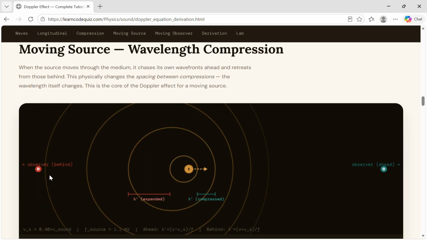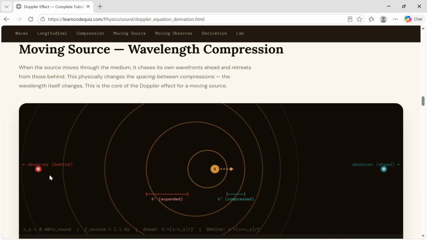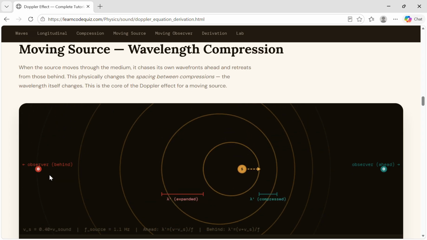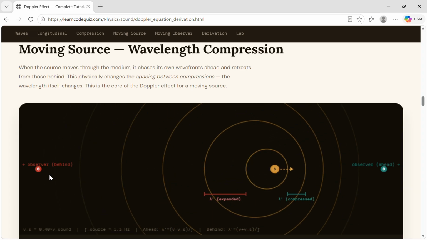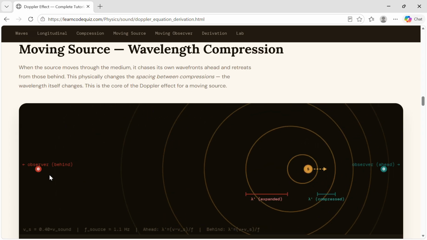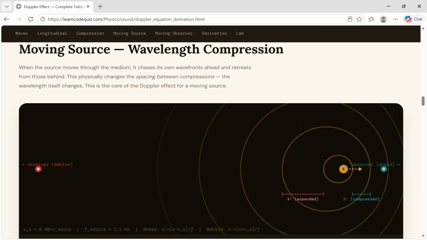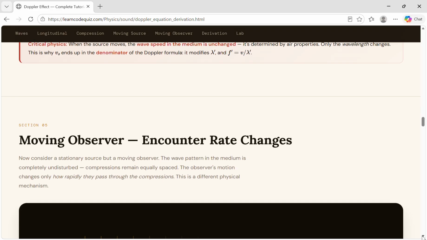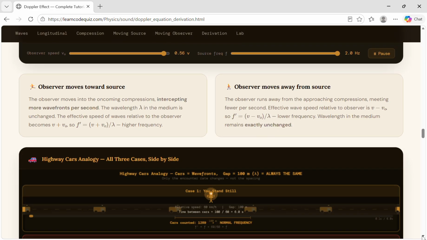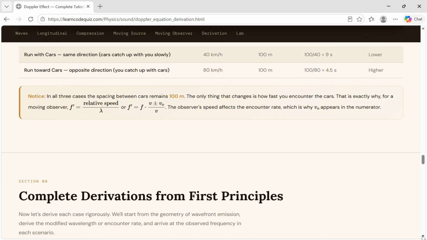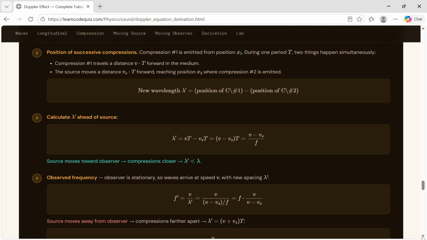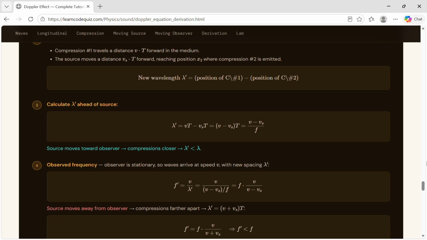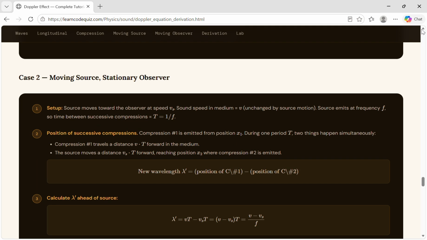So wherever you place the observer, depending on which direction the source is moving, you're going to have higher or lower frequency. Now, how do you understand it physically and mathematically? So let's look at the solution. Here what happens is, as I showed you for the conveyor belt, right?